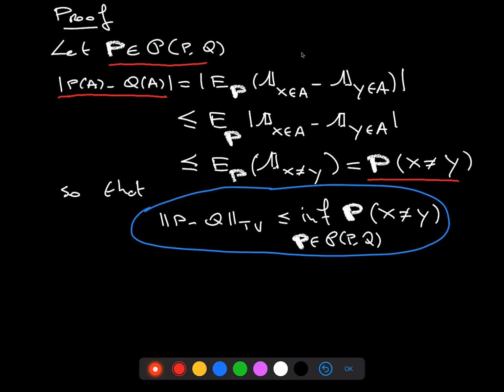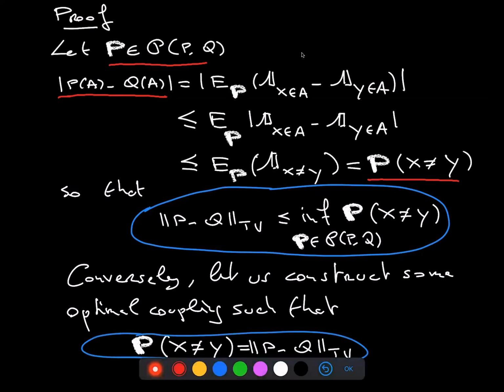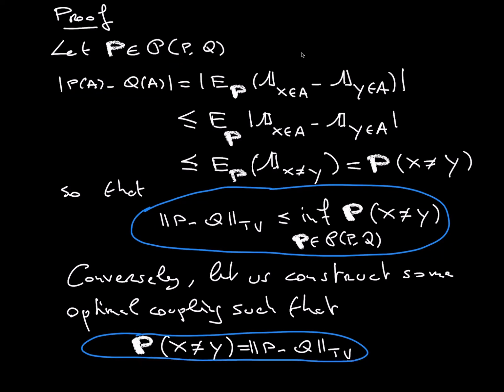So this optimal coupling, which will achieve the total variation distance, will be constructed as a mixture. So first of all, we have to deal with the trivial case. In the trivial case, the total variation distance is equal to 0, P is equal to Q, and we have nothing to do.